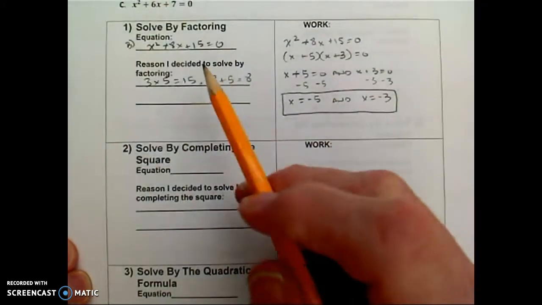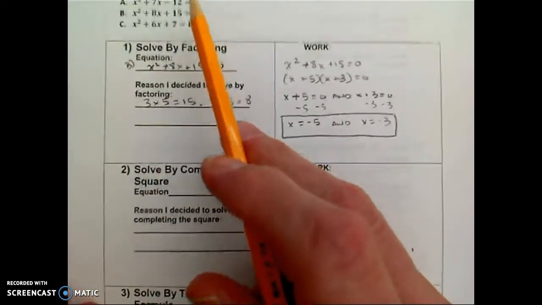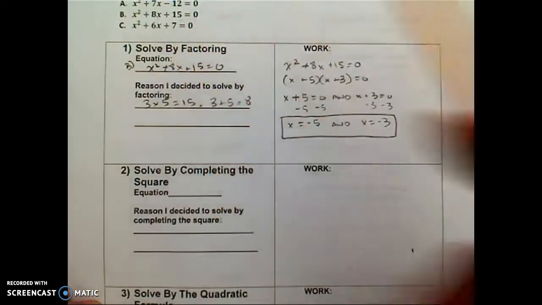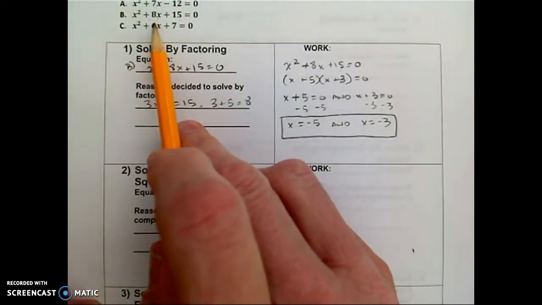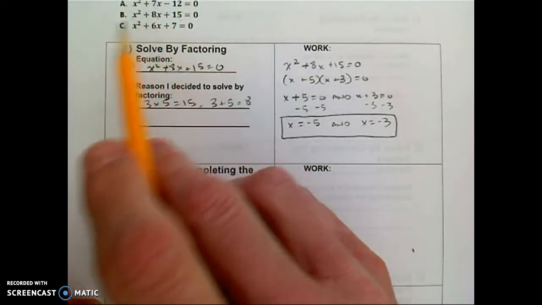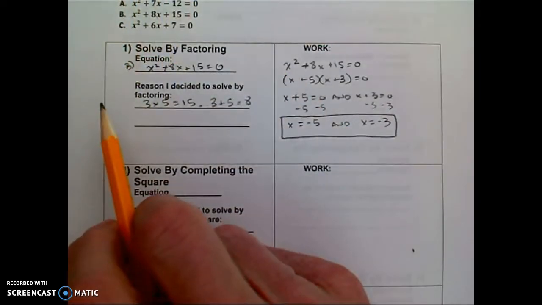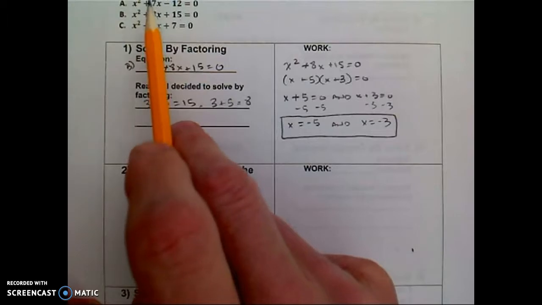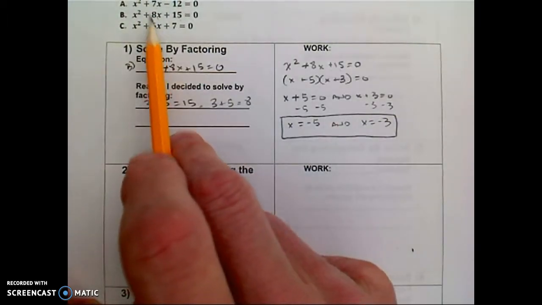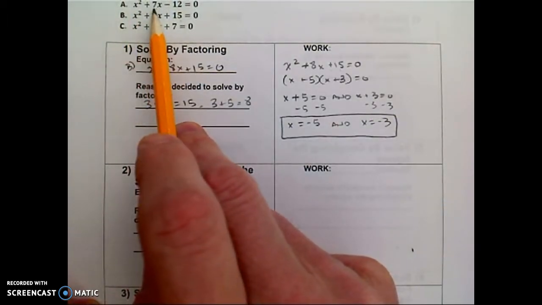I have two equations remaining, A and C, and looking at the two, if I'm going to solve by completing the square, my first move is to take the b value and divide it by 2, and then square that value. So if I'm going to divide the b value by 2, it's going to be much easier on me if that b value is even. In equation A, the b value is 7.